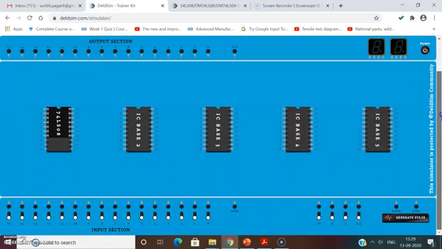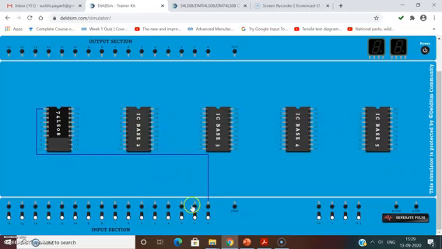Now here, this is the first pin. I will give this first pin to the input. So this is my first input. The second pin was again an input as per the data sheet.